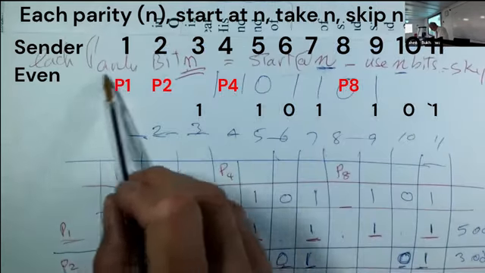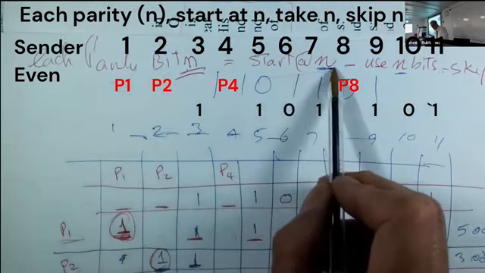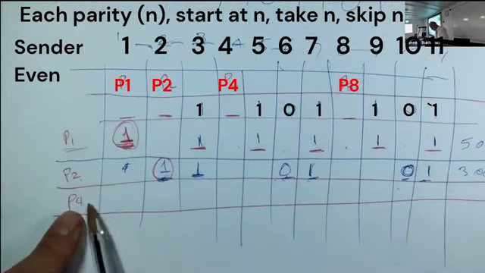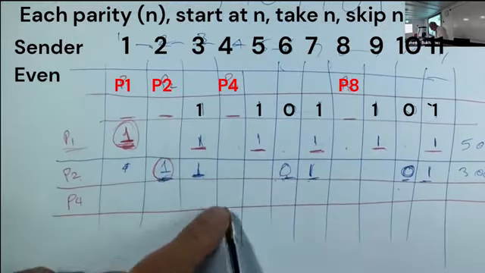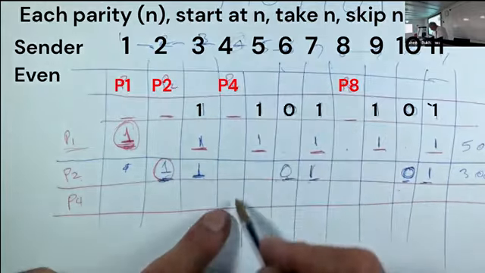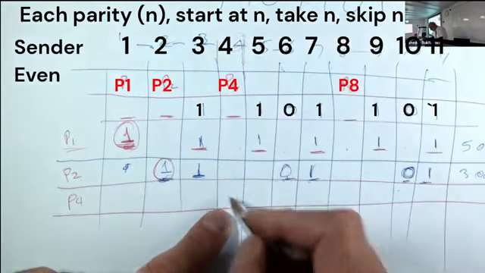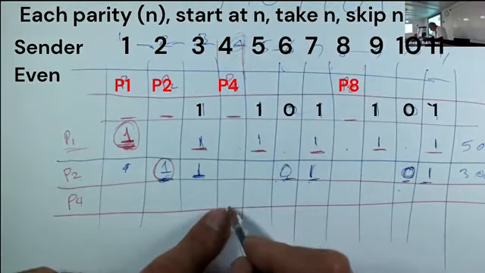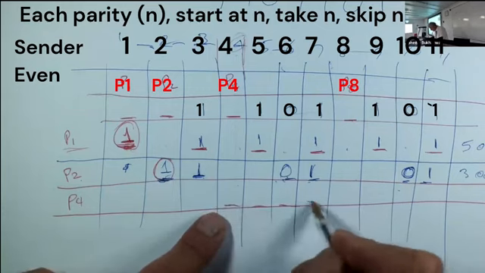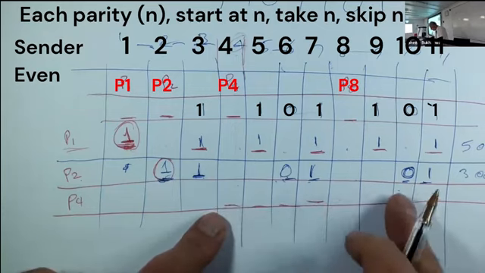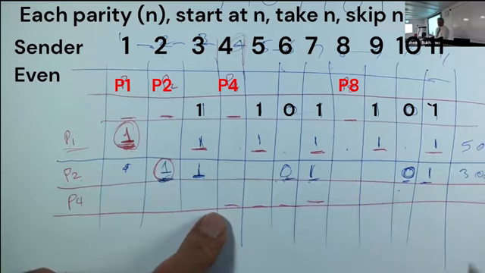The rule says start at number 4, so you go straight to number 4. We're in column 4, start with column 4. We use those 4, 1, 2, 3, 4. And then we're going to skip 1, 2, 3, 4 and take any more. There's nothing else, so we stop at that point.